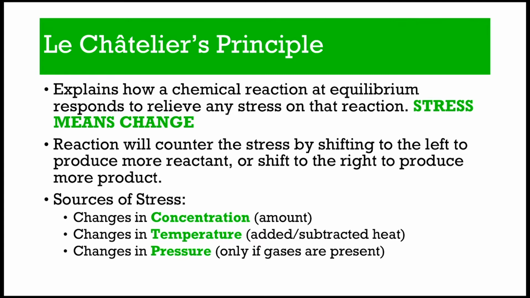Stress just means we're changing something. The stresses you'll see are changing concentration, the amount of stuff, changing temperature, and changing pressure. Those are the stresses we'll talk about with Le Chatelier's principle.